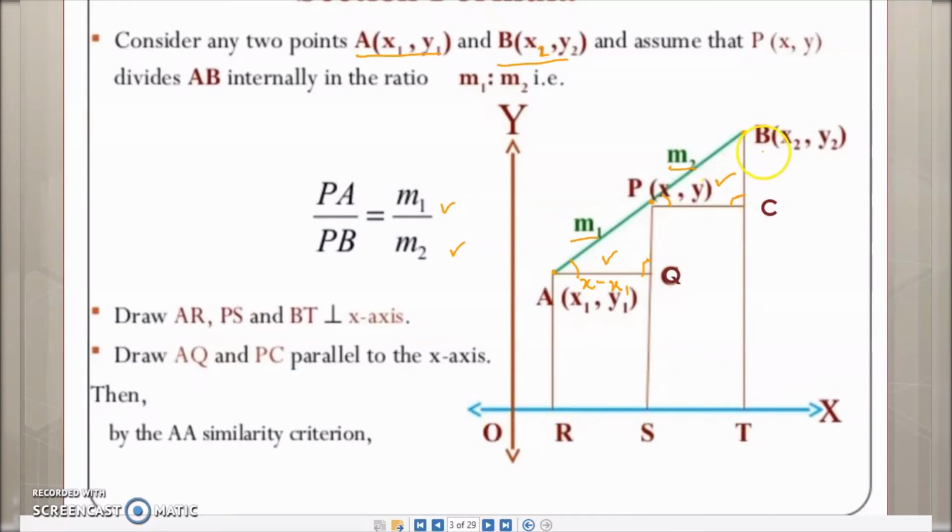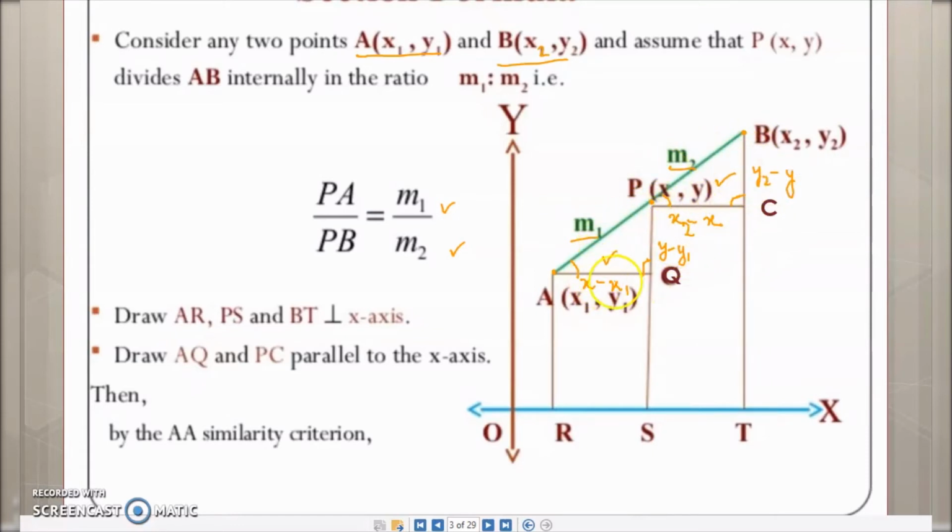Now OT is x2 and OS is x. So this will be x2 minus x. Same way we can find BC and PQ also. PQ will be PS minus QS, so that is y minus y1. And this length BC will be y2 minus y.